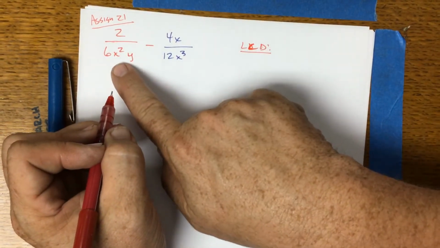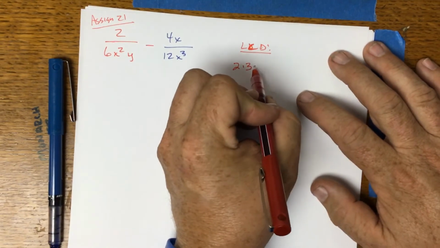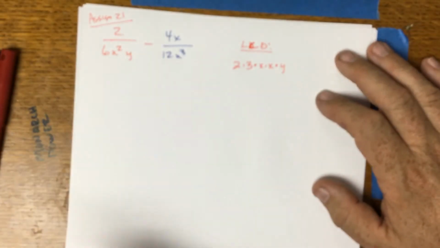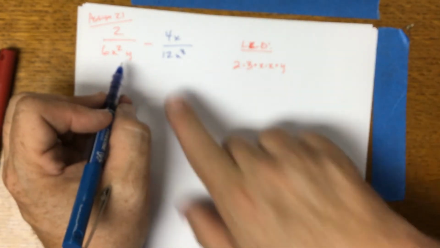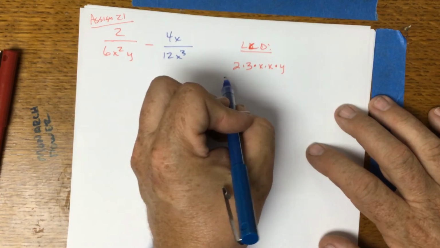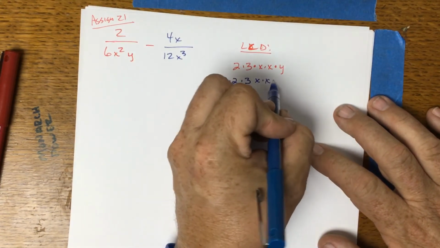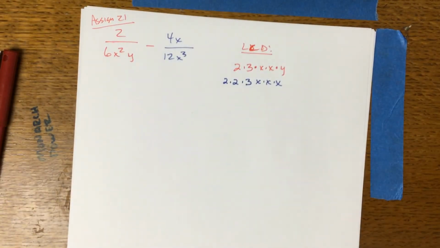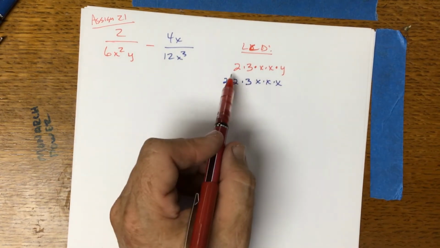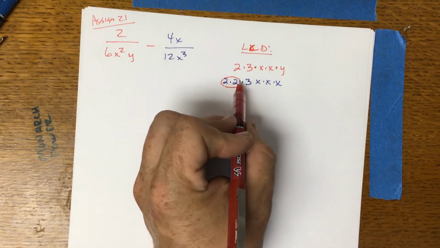So what we want to do is to find our lowest common denominator. We want to factor the first one, which is going to be 2 times 3 times x times y. And then I'm going to factor the 12, which is going to be 4, which is 2 times 2 times 3, x times x times x. So now I'm going to look at this here and go, okay, this has the most 2's in it.